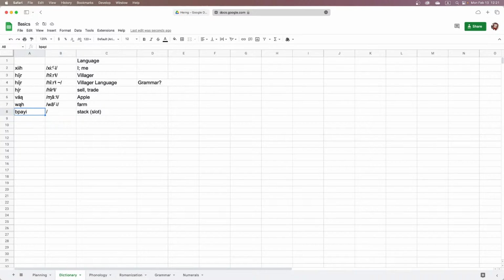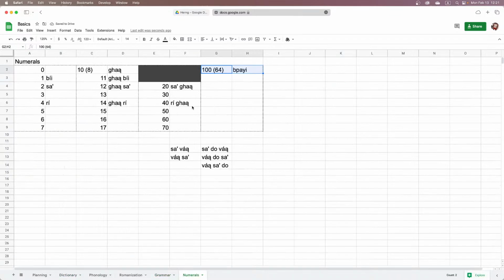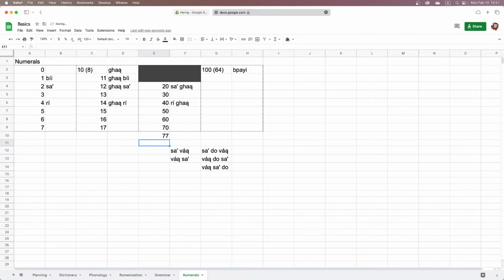So if we do go the measure word route, we could have the numbers only go up to 77, whatever the language's equivalent of it will be. And then after that, it would be B by 20.